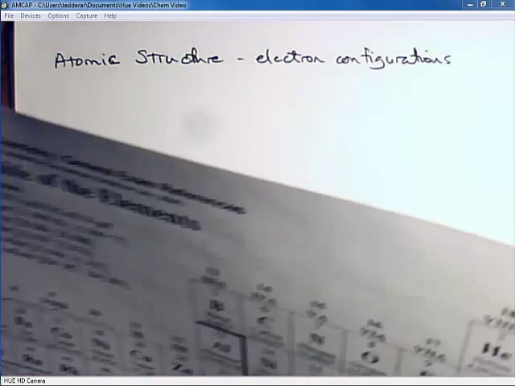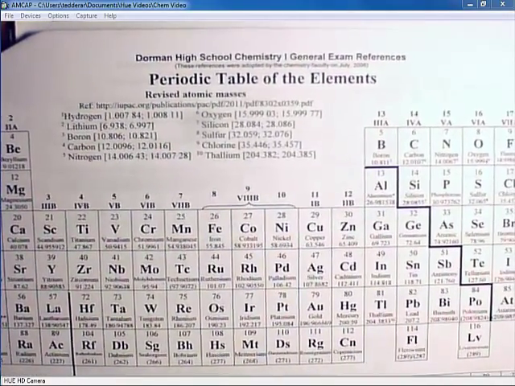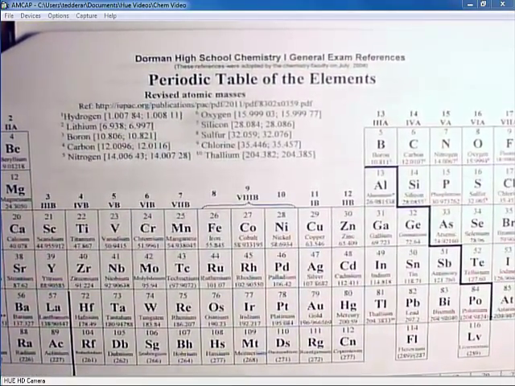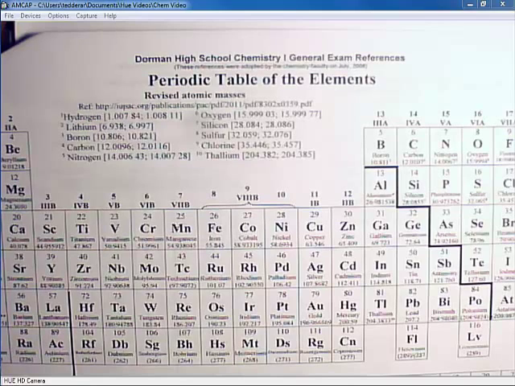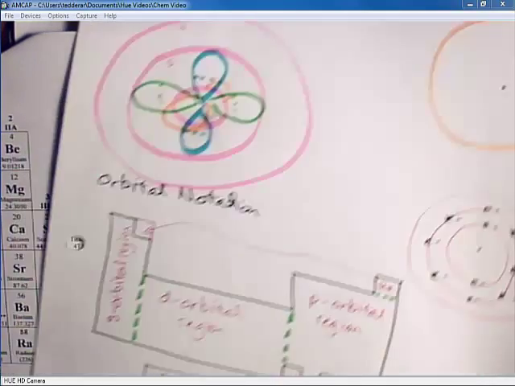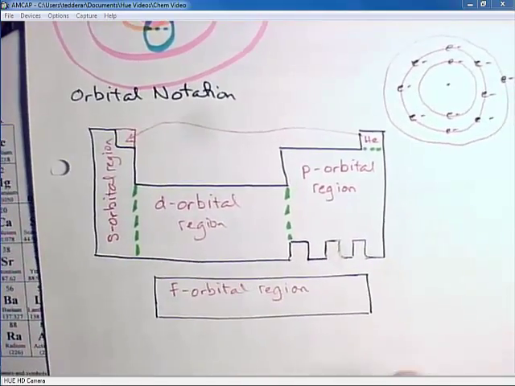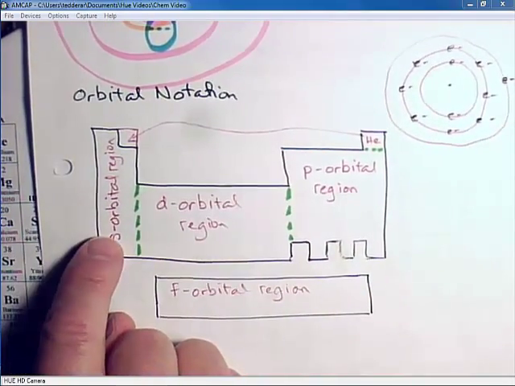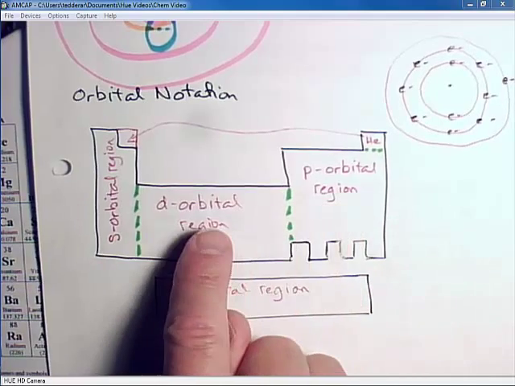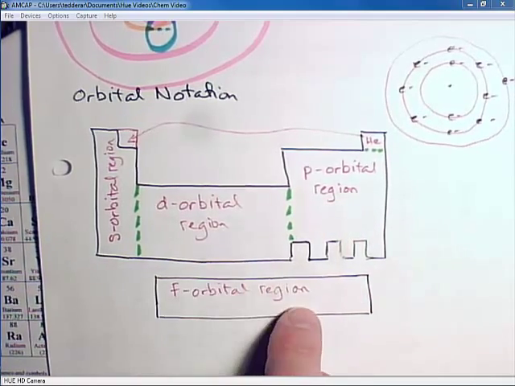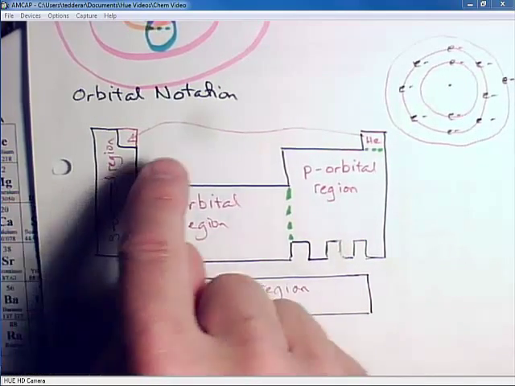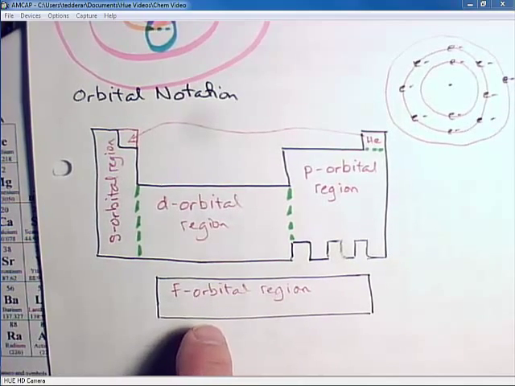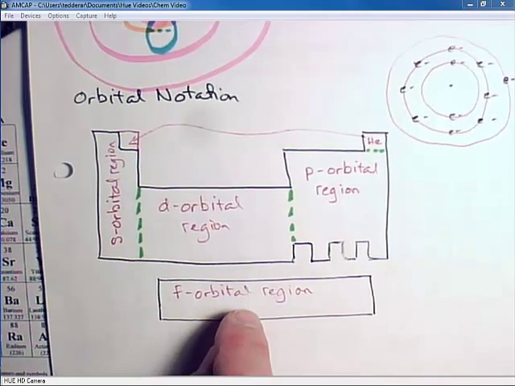So yesterday we learned from doing the notes that you use the periodic table to figure out orbital notation. And we said that the periodic table can be outlined in a way that shows you where the s orbital region, the p orbital region, d orbital region, and f orbital region are located. These regions do not tell you where electrons are found.